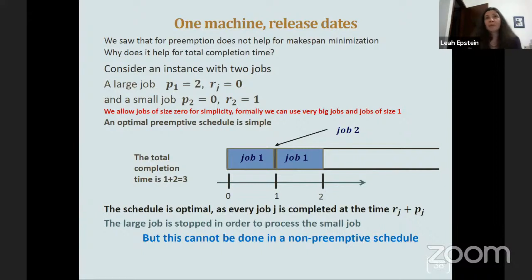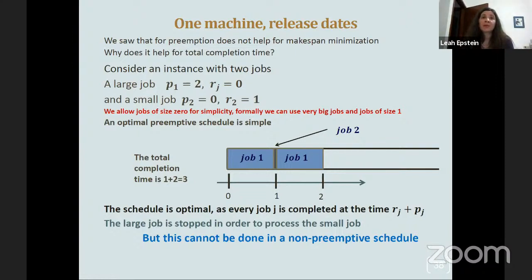So if you can be preemptive, you can stop the job of size 2, run this very short job. You don't even harm the large job because it has size 0, and you continue the job of size 2. And then the total completion time is 3, 1 for the short job and 2 for the long job.